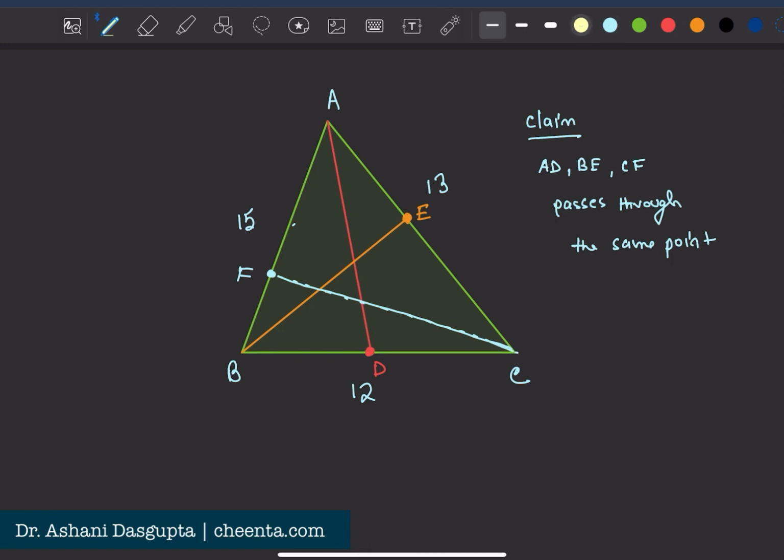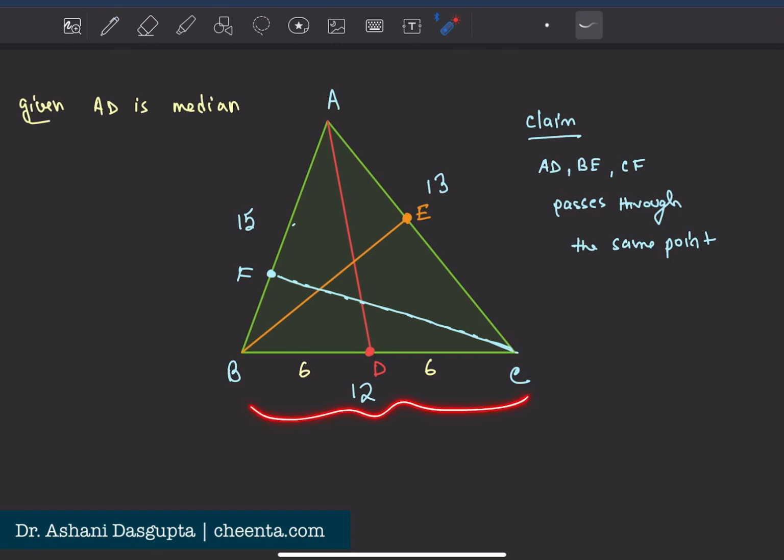It's given that AD is a median, so this is 6 and this is 6 because the total length is 12, right? BE is the angle bisector.